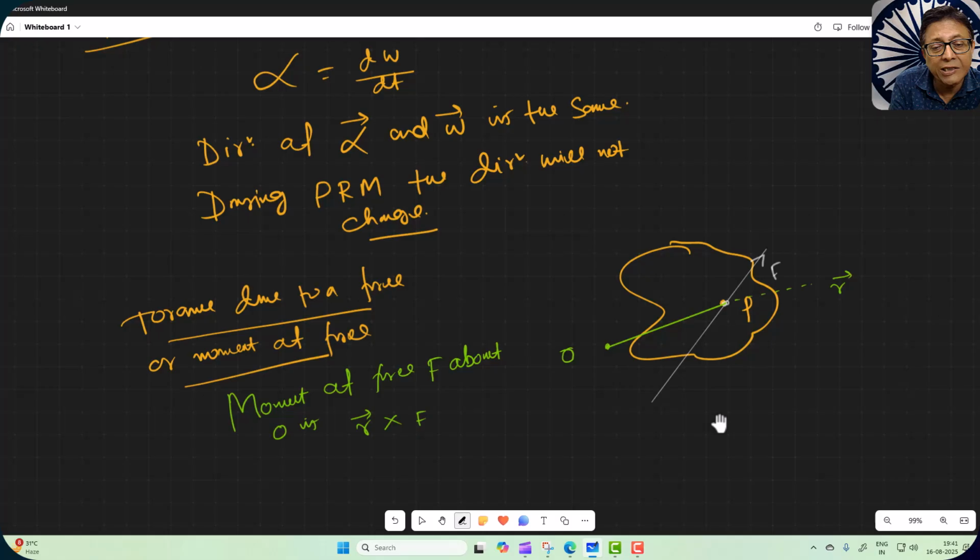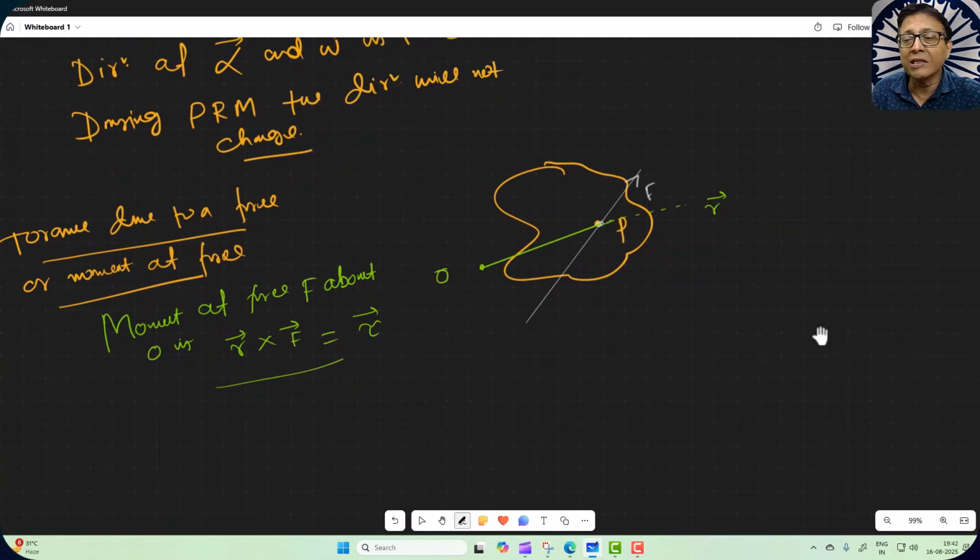R cross F we will indicate as tau. This is also a vector quantity. This is defined as cross product of two things, that R vector and F vector. Okay, this is torque vector.